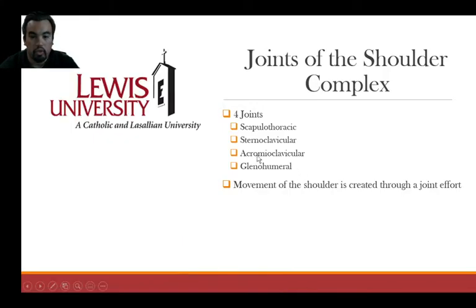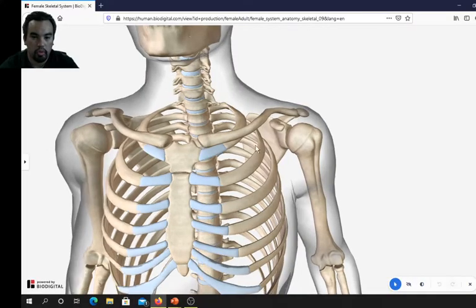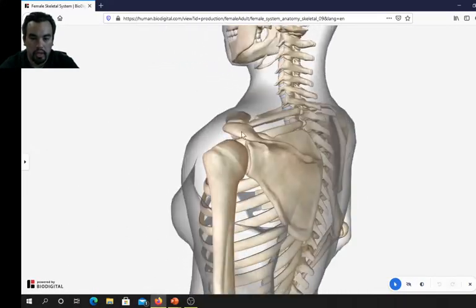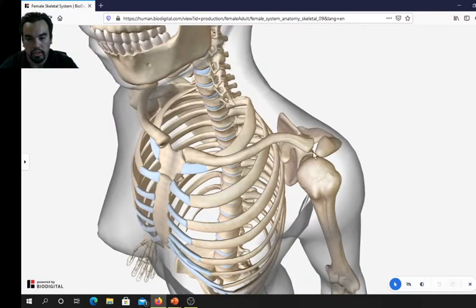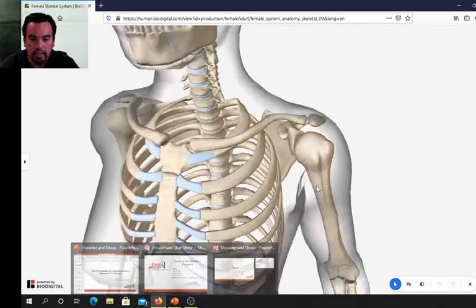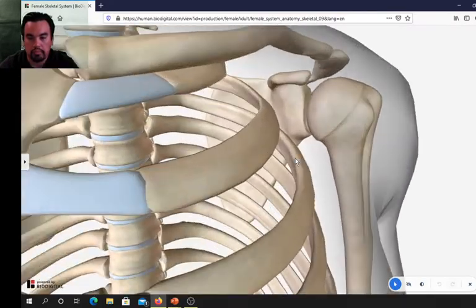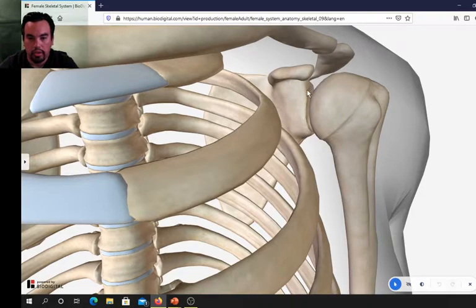We have the acromioclavicular, right? So our acromion and our clavicle. So this articulation often has a disc as well within that. And then lastly is our glenohumeral. So our glenoid of our scapula and the head of our humerus. So this is the fourth articulation right there.